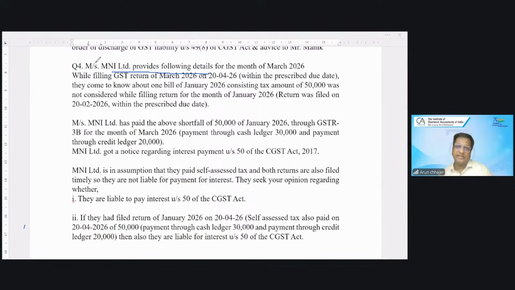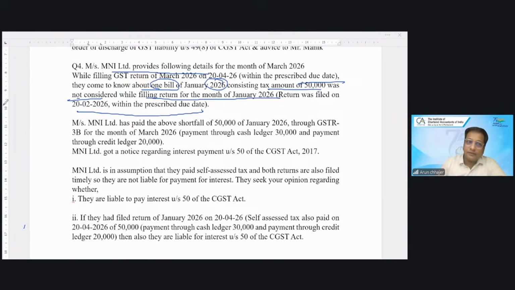While filing the GST returns for March 26, on 20th April within the due date, they come to know about one bill of January 26 comprising the tax amount of 50,000 which was not considered while filing the return of January 26. The return of January 26 was also filed within the prescribed due date.